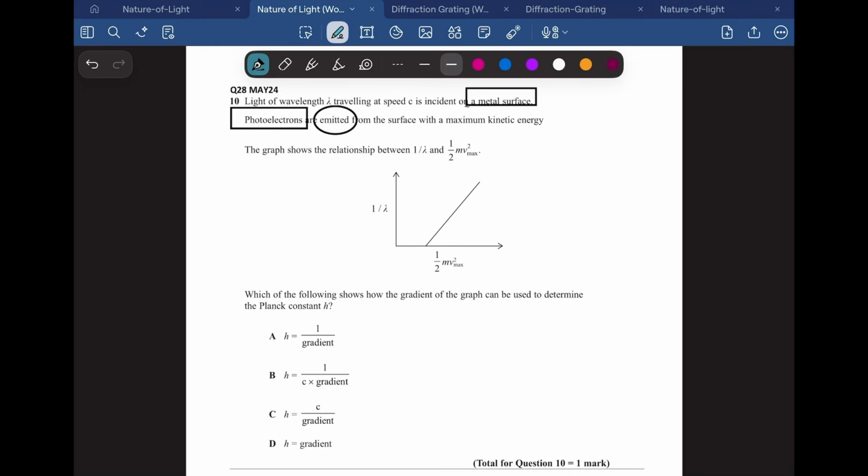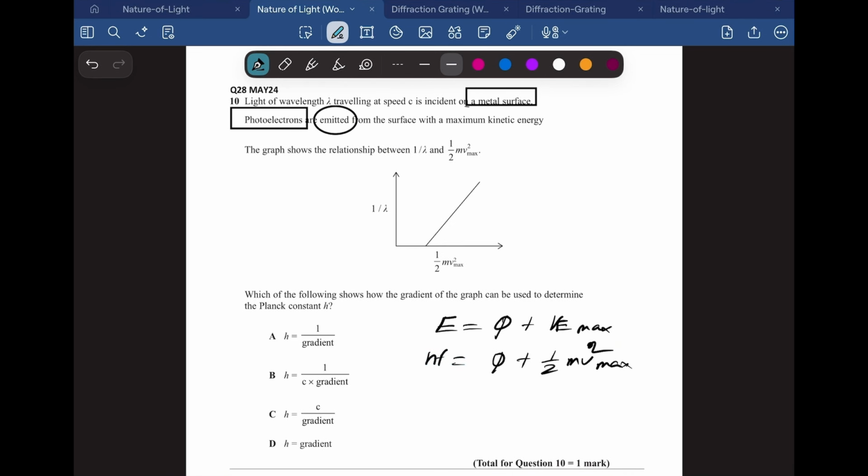So the formula is energy equals work function plus the maximum kinetic energy. Now this energy can be given as hf equals phi plus half mv square max.